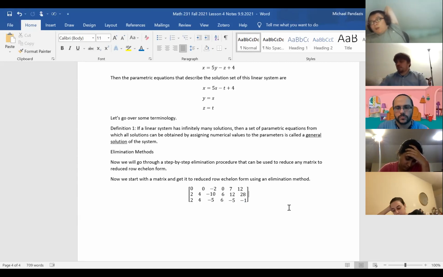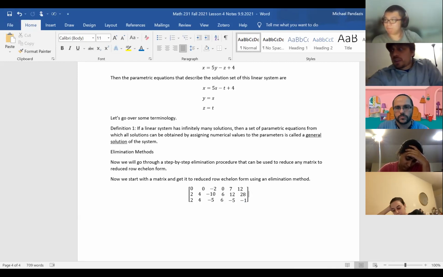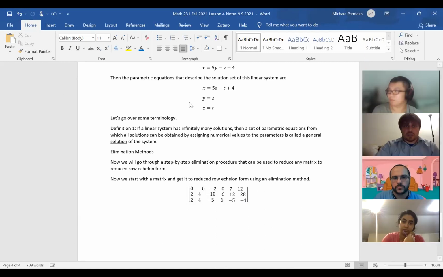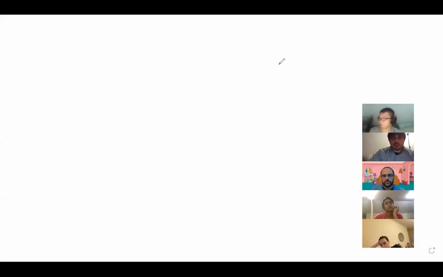Okay, so I think I'm going to move to the whiteboard, which I avoid doing, but it takes too long to type it. So we're going to start with that matrix though. Let me move things around on my screen.